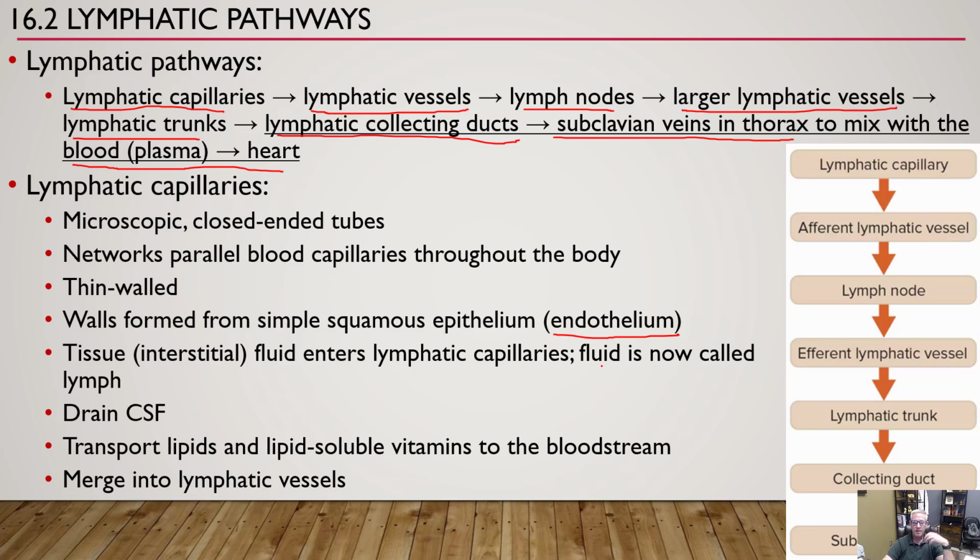Once that interstitial fluid enters the lymphatic capillaries, we now call it lymph. We don't call it interstitial fluid anymore. The lymphatic capillaries also drain your cerebrospinal fluid, and they transport lipid-soluble substances to the bloodstream via the liver once the liver packages those. And the lymphatic capillaries merge into lymphatic vessels, which we saw up here.